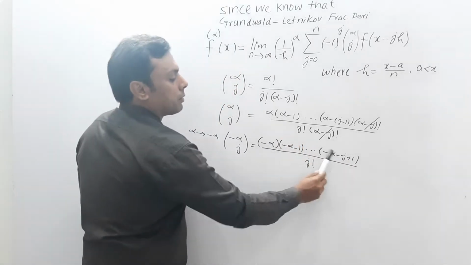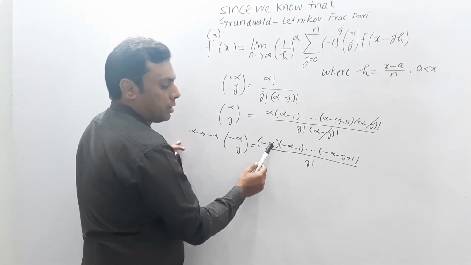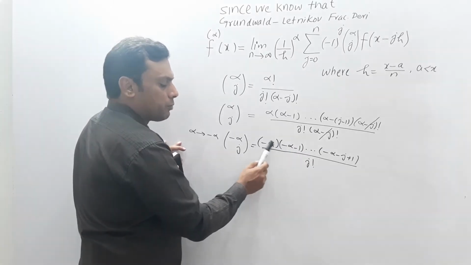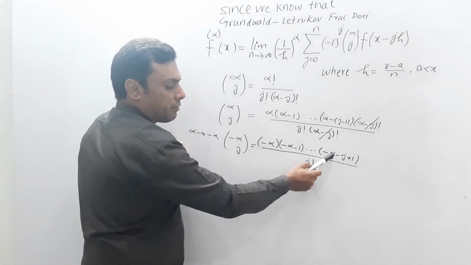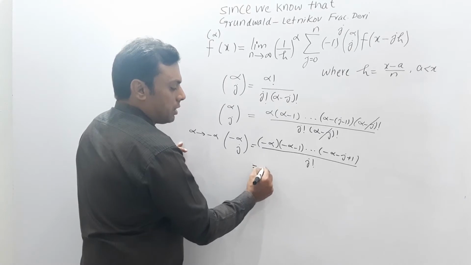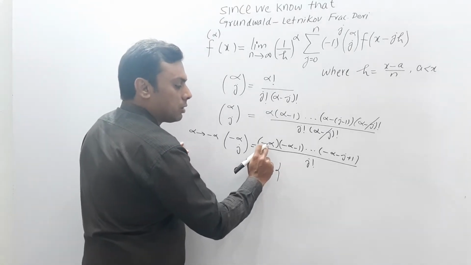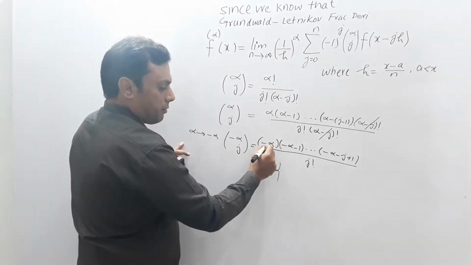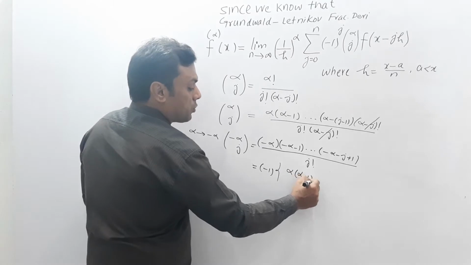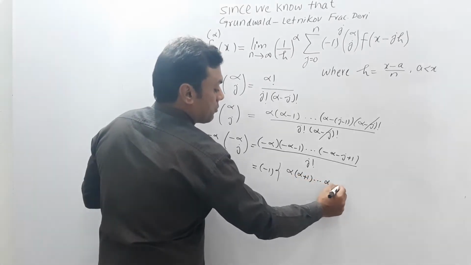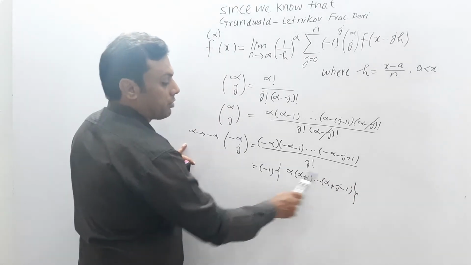Okay, this is a product of factors. How many factors? We can see that negative 1 is in every factor, so take it common. Negative 1 is factored out to the power equal to the number of factors, and what remains is alpha, alpha plus 1, and so on up to alpha plus j minus 1.